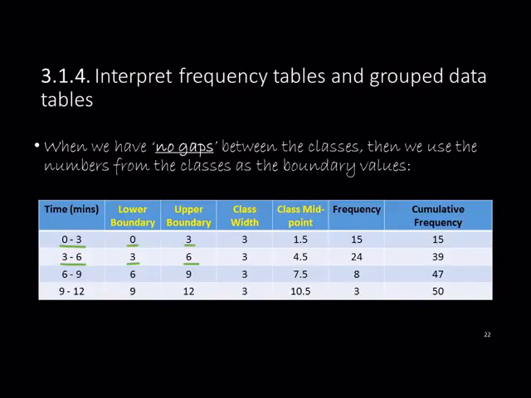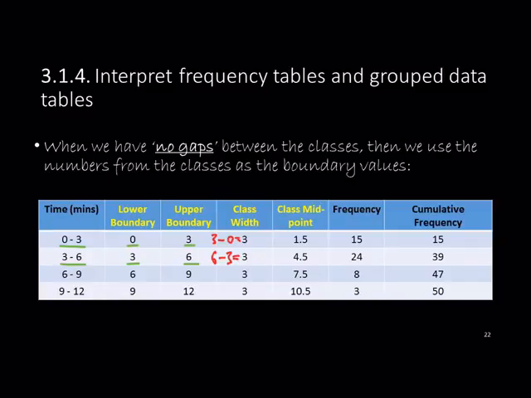Much simpler. Class width is the same, upper boundary minus lower boundary, so we'll have 3 minus 0 equals 3, 6 minus 3 equals 3, and so on. In fact, all of the class widths are 3 in this case.